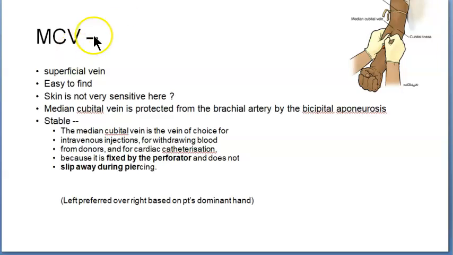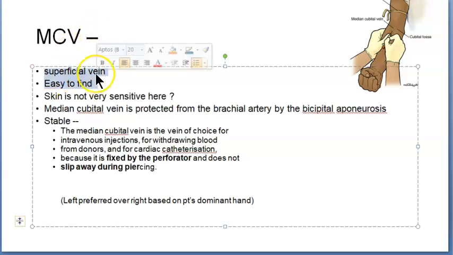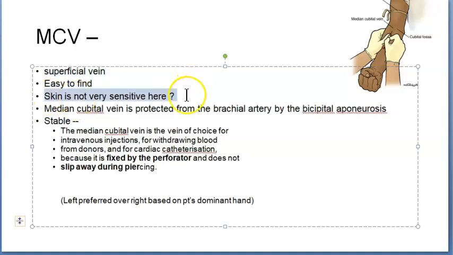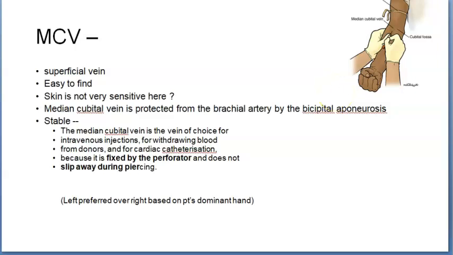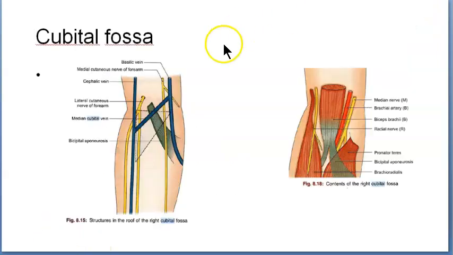You want to make your job easy, so you will find something superficial, easy to find, and hopefully the patient will cooperate with you. So if the skin here is not so sensitive, you want the patient to be comfortable. And then this vein is protected from the brachial artery by the bicipital aponeurosis. Is that a point? Let us look at it. Here you can see this is the roof and this is the content.